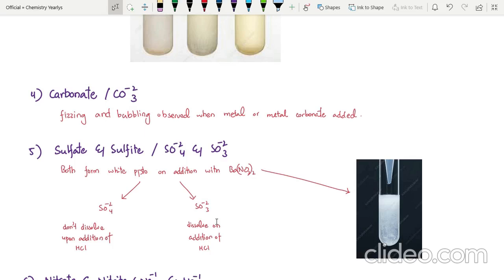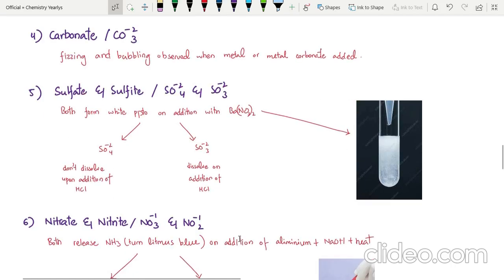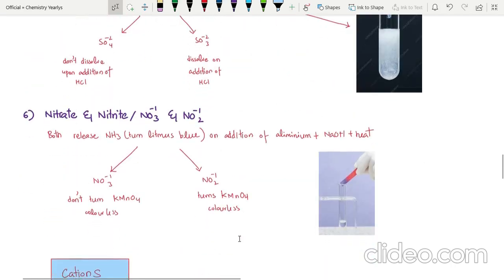Other than that, you can take a new sample of that solution and add a few drops of KMnO4. The sulfite decolorizes the KMnO4 while the sulfate doesn't. So this can be an additional confirmation for sulfate and sulfite.